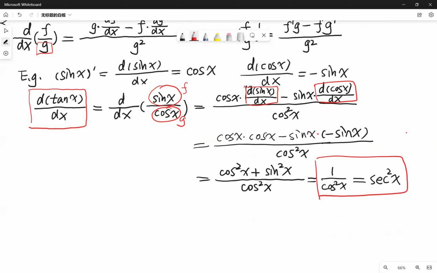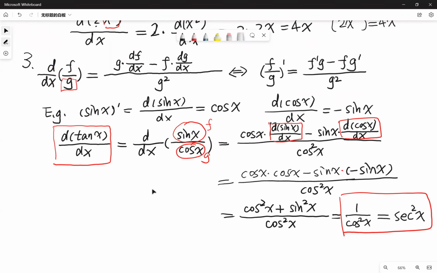You know that secant x is 1 by cosine x. So we can find the differential of tangent x by making use of the quotient rule, like this.